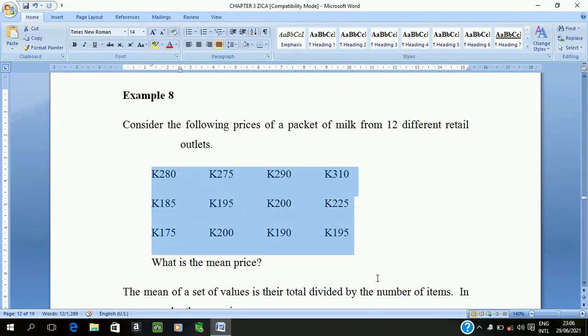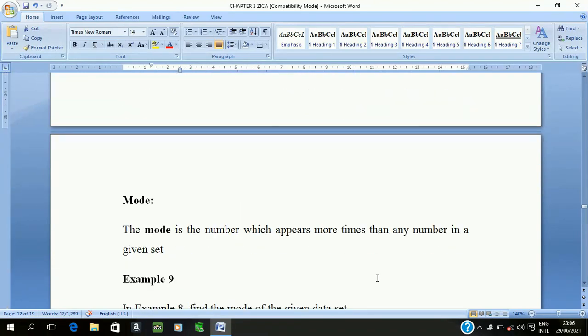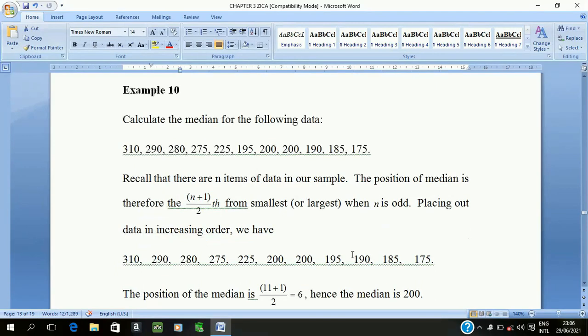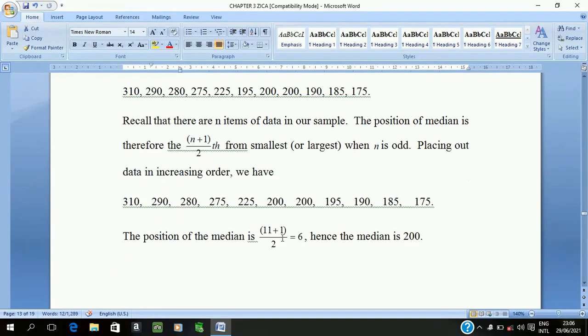12 plus 1 divided by 2, that is going to be 13. 13 divided by 2, we counted 11 values, 1, 2, 3, 4, 5, 6, 7, 8, 9, 10, 11. Okay, so we have a total of 11 values. So 11 plus 1 is 12. 12 divided by 2, we have the sixth value.